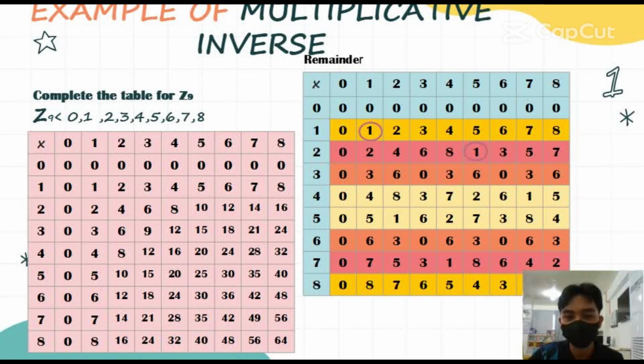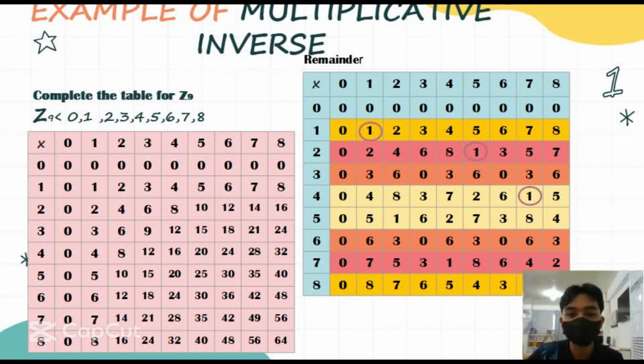Next, diri sa 4 we have 4, the same process lang gihapon. 4 times 1 is equal to 4 and we know that 4 mod 9 we get the remainder 4. And the same process lang pud siya diri, and kani nganong nausab diri siya, it's because when we multiply 4 times 7 is equal to 28 and we know that 28 mod 9 we have the remainder 1, or 28 divide 9 we have the remainder 1.